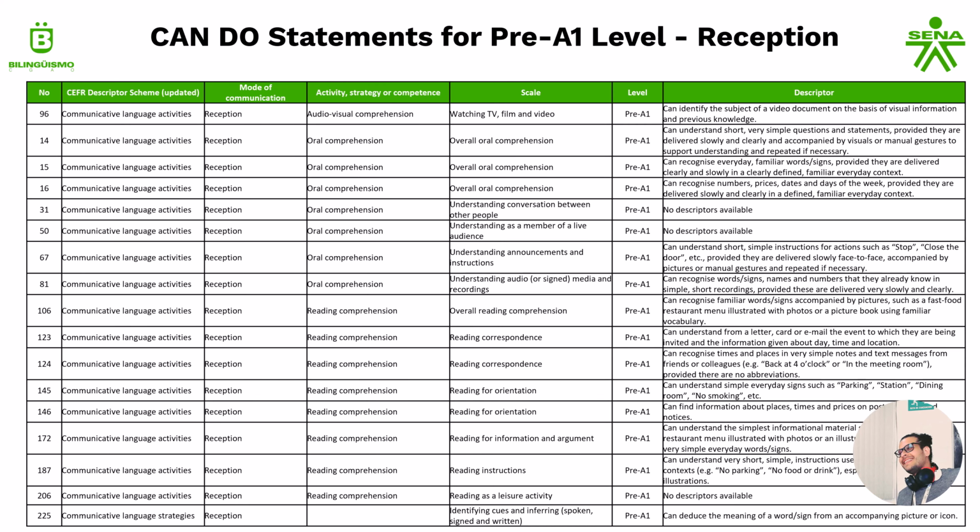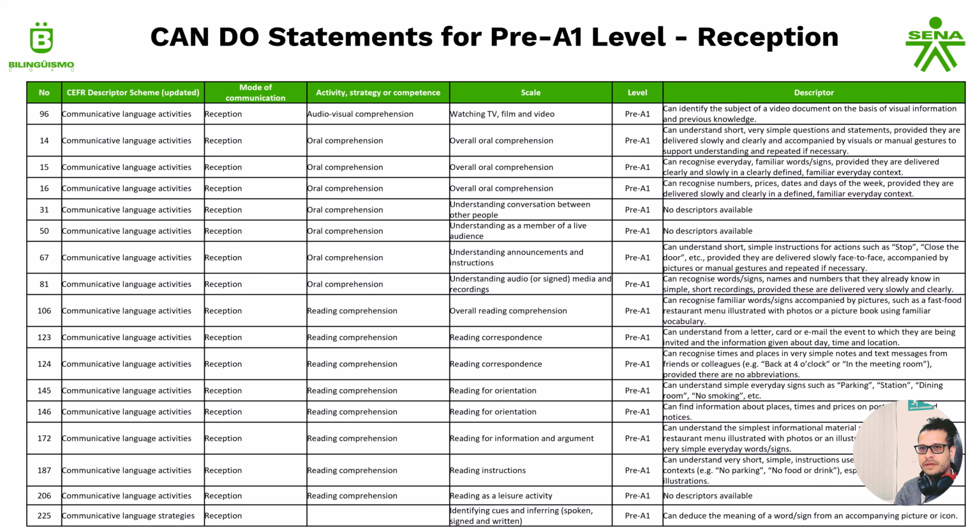These are the ones that they have for pre-A1 reception. It's a lot. And they are divided into communicative language activities, and they are divided also in audiovisual comprehension, oral comprehension, reading comprehension, and this is only reception. Only listening and reading, no more. The receptive skills are reading and listening.